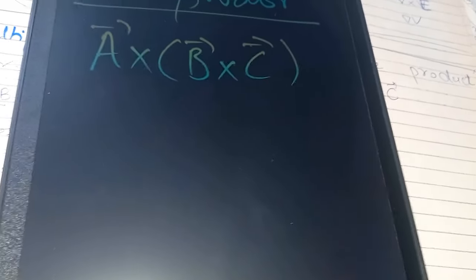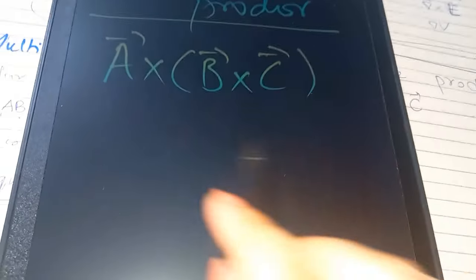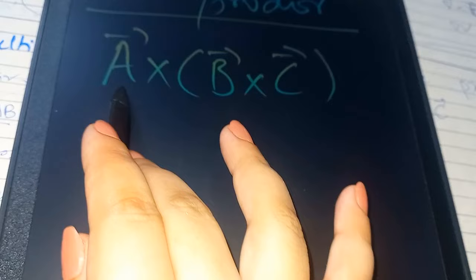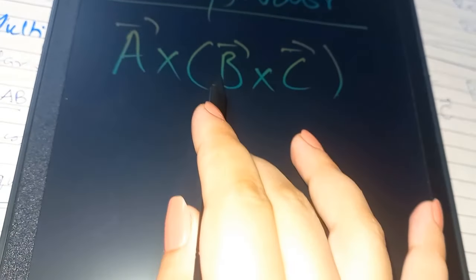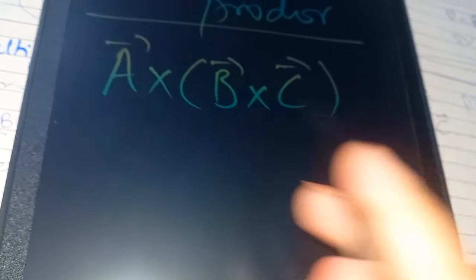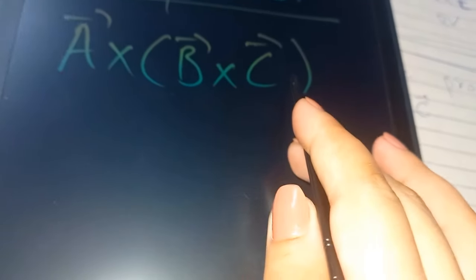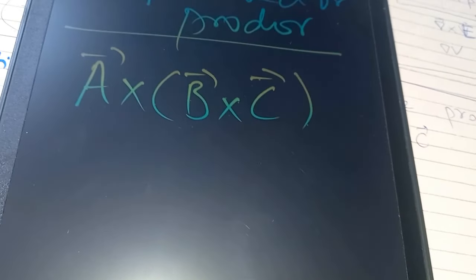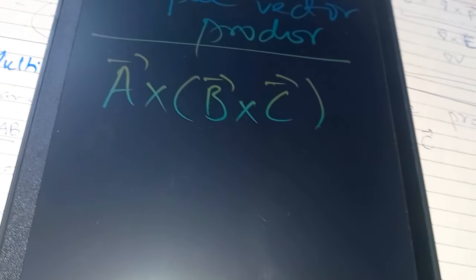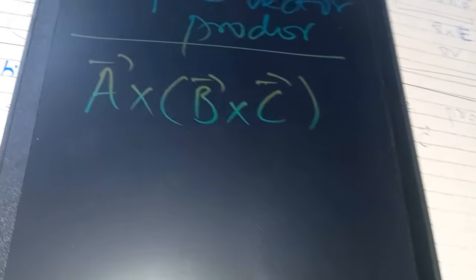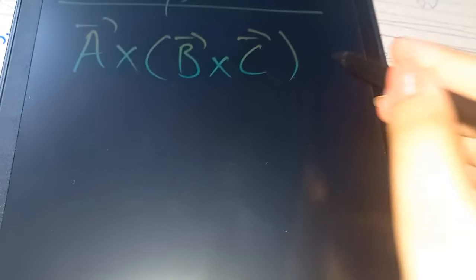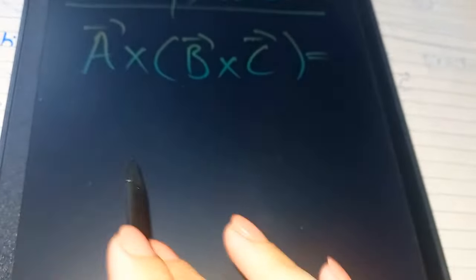Because how are we supposed to know the order? There is no rule that if I calculate A cross B first, which gives a vector, and then vector cross C, that's permissible. So we have to use the brackets to ensure that we are calculating what is intended. So the order matters and brackets matter as well.